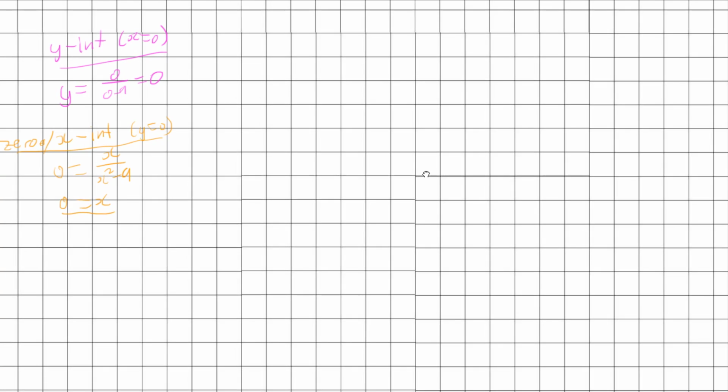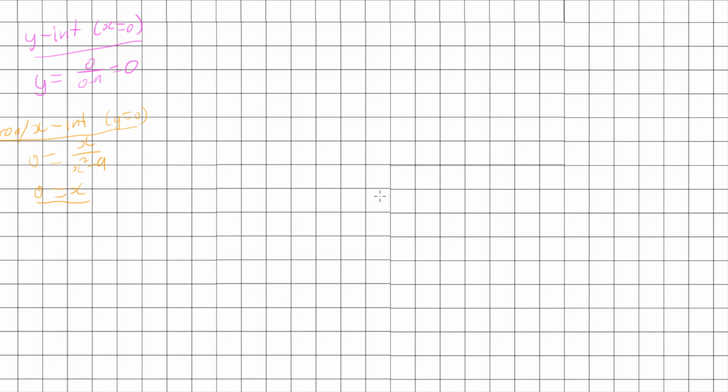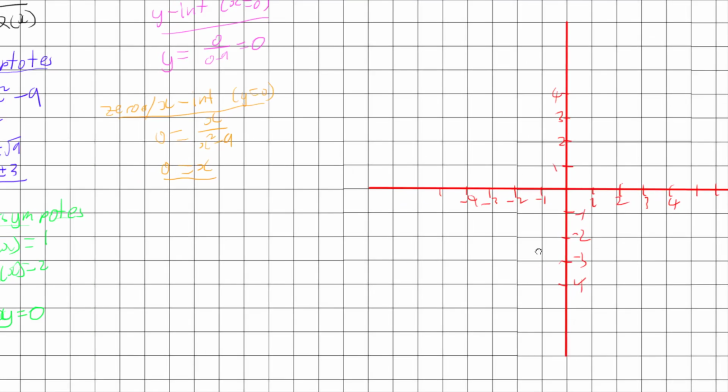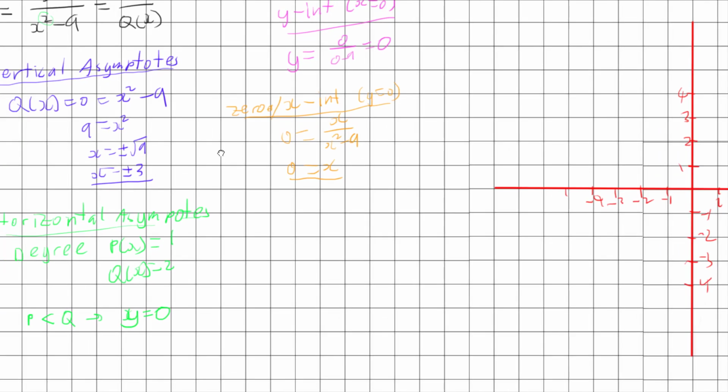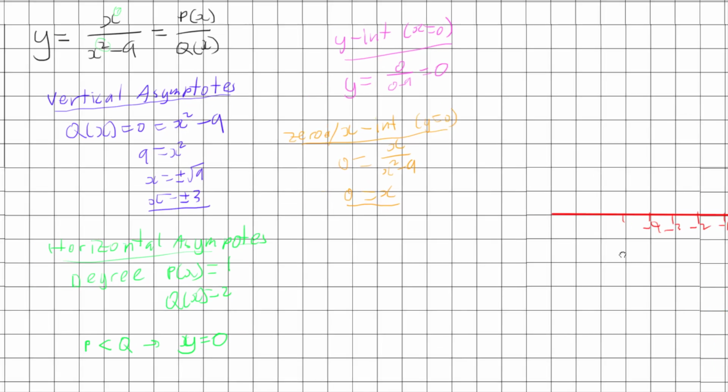So first let's draw up some axes. I've got my y-axis and my x-axis, and let's quickly number this up. Now let's put in our information. I had vertical asymptotes at x equals plus or minus 3.